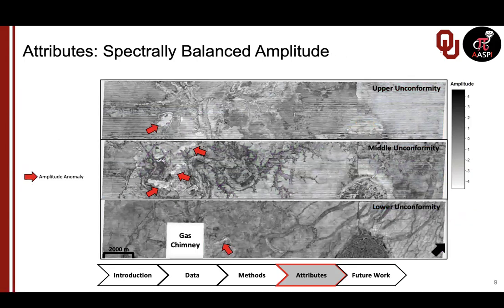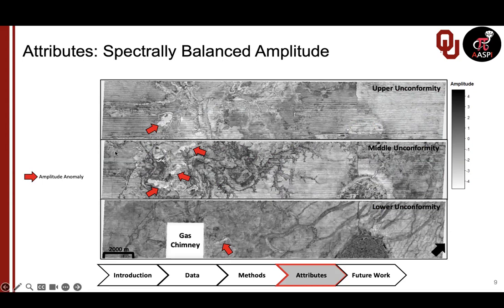So when you look at the spectrally balanced amplitude extracted along each of these unconformities, we see a lot of anomalies. The unfortunate thing about my project is I don't have wells, but I do know from my findings and previous findings that there is a gas cloud, a gas chimney, in this area of the survey over here.